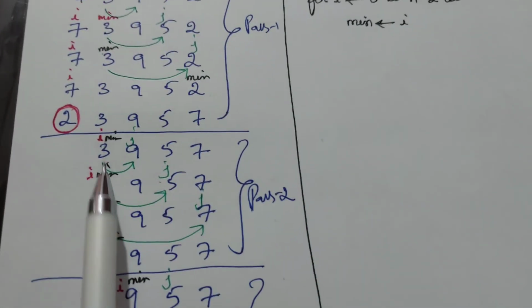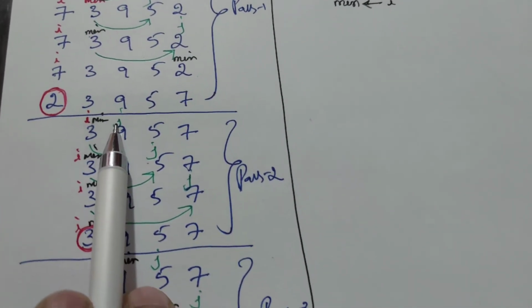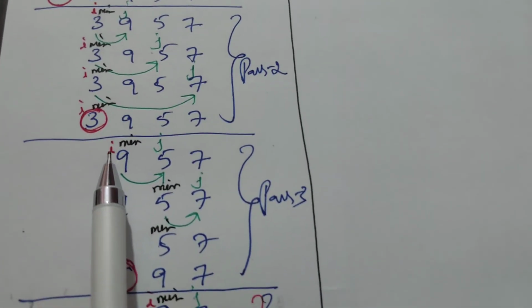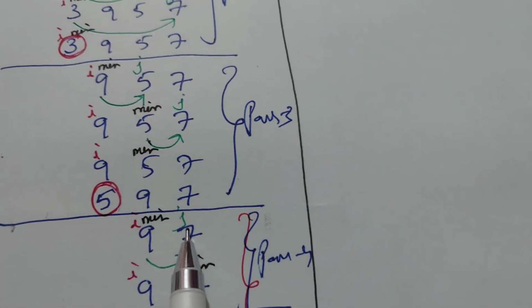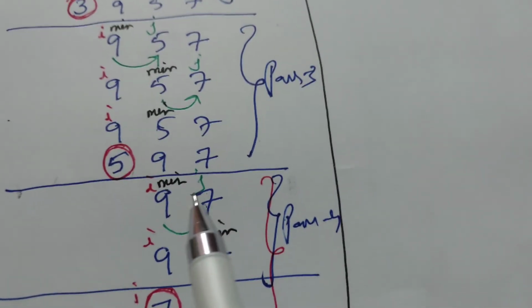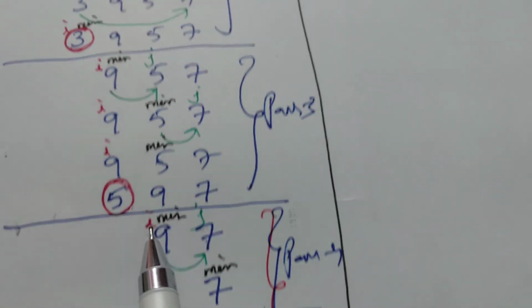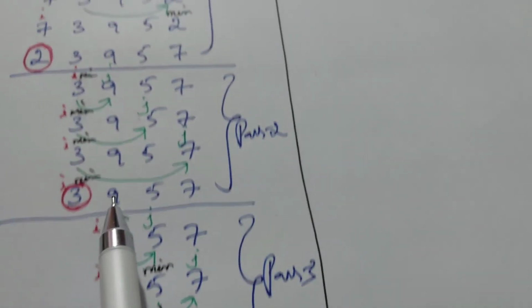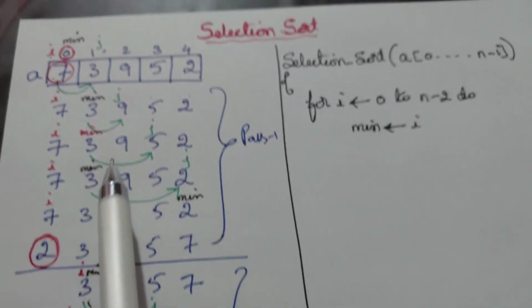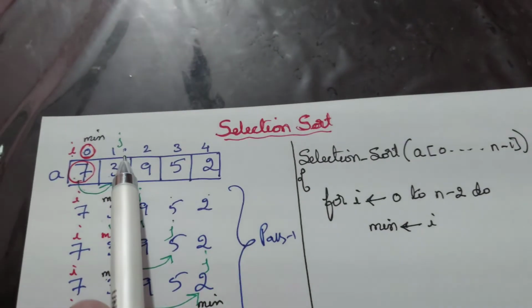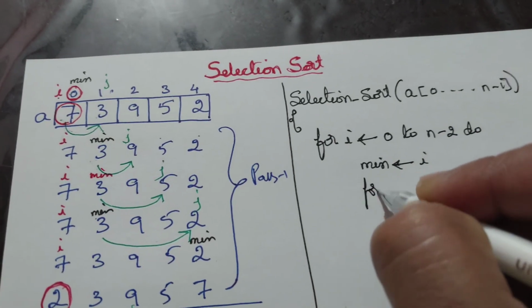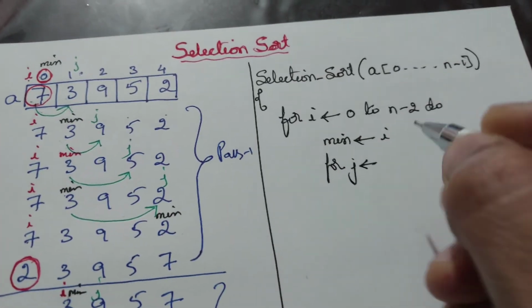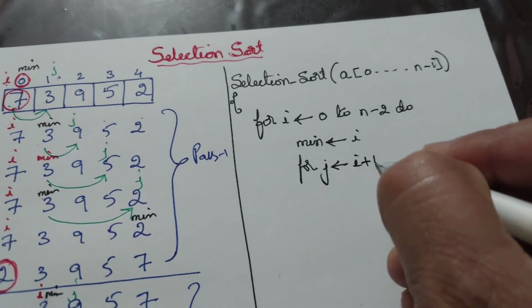If you observe, in the next cycle I is 1, j is 2. Then I is 2, j is 3. Here I is 3, j is 4. That means in all the examples, j is in front of I. So I am using for j is equal to I plus 1.